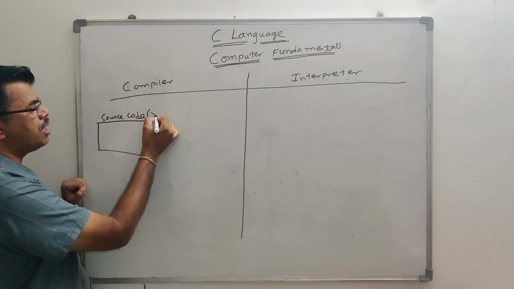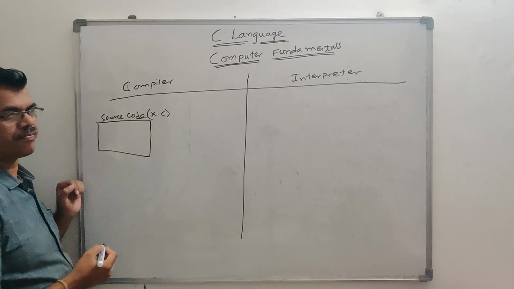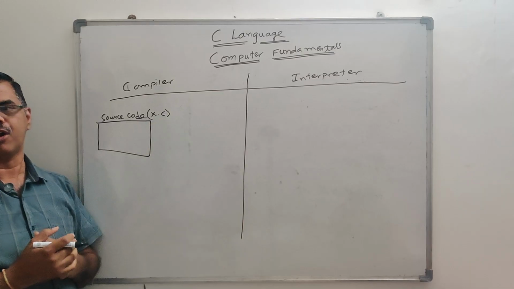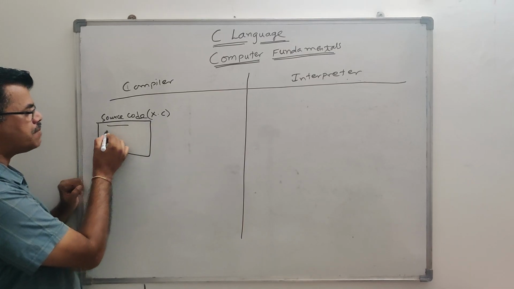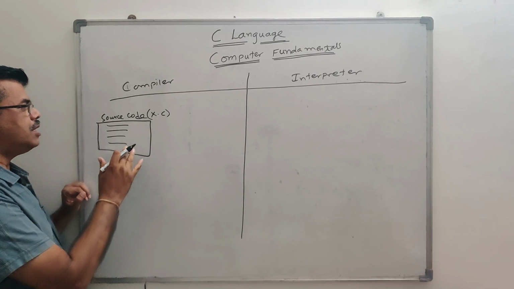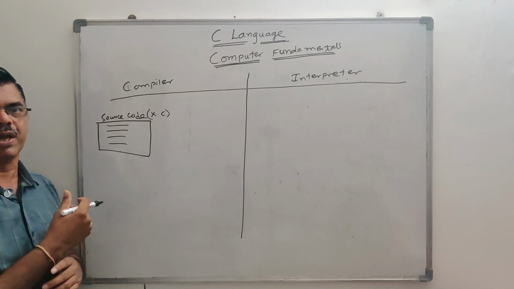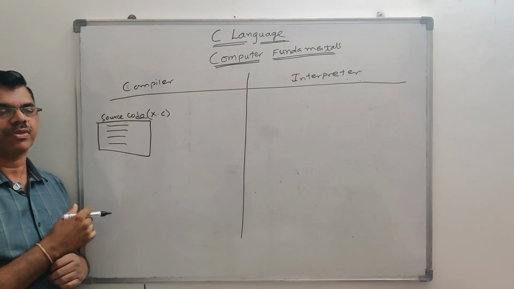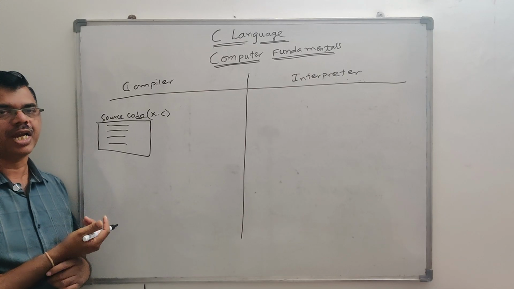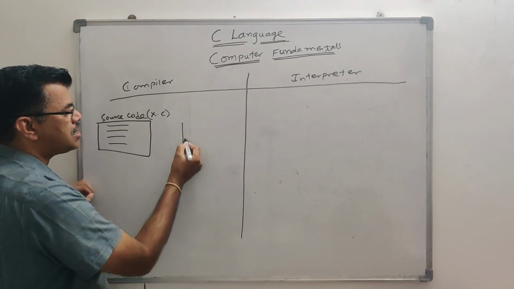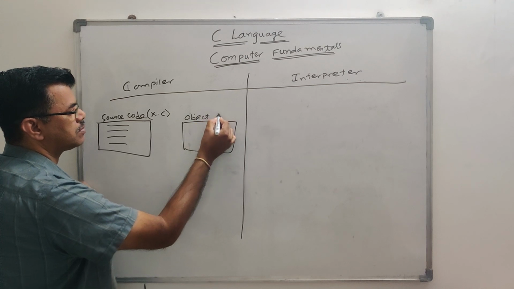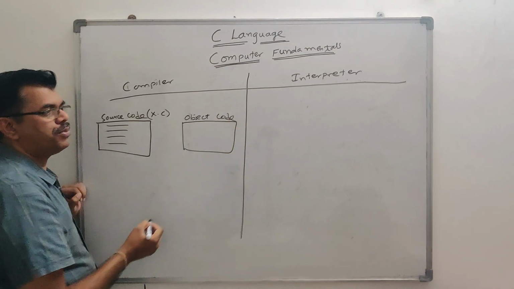For example, x.c, the extension we give for a C language program is .c. Here we provide some set of instructions. Now, this source code is not understood by your operating system directly. To make it understandable, we have to convert it into object code, the machine understandable code.